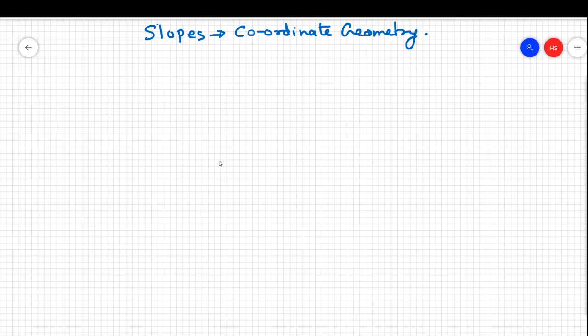Normally, what is the meaning of slope? You might know that we have an intuition about slope, like when you go to a garden, on a slide. This is a slide made for kids, and this is a slide for adults.